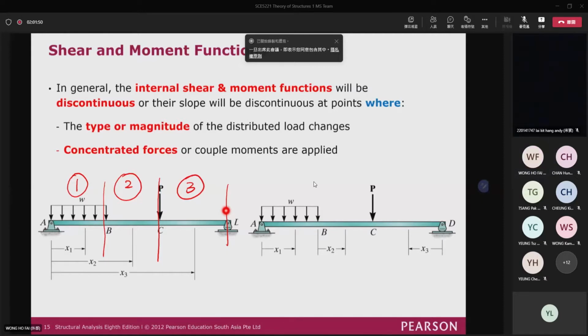Another way to find that is to cut the section 3 times: first within section 1, then within section 2, and then within section 3, in order to find 3 functions for shear and 3 functions for moment.